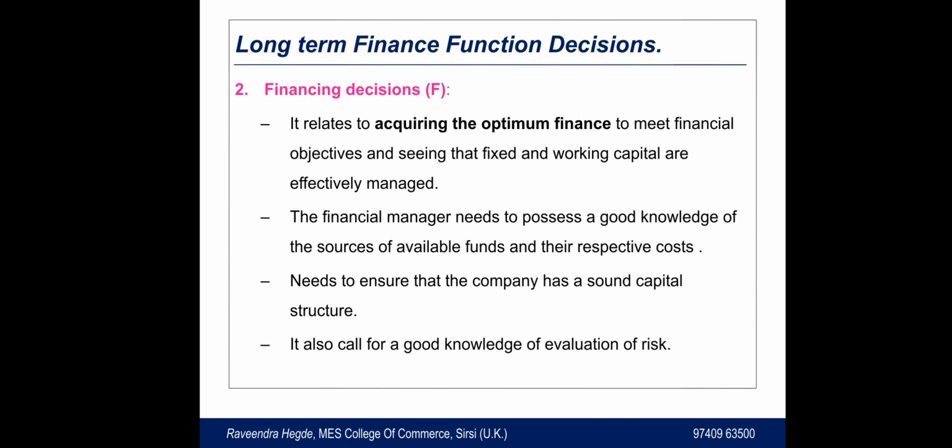The next one is the financing decisions. These decisions relate to acquiring the optimum finance to meet financial objectives and seeing that fixed and working capital are effectively managed. The financial manager needs to possess a good knowledge of the sources of available funds and their respective cost, and needs to ensure that the company has a sound capital structure, that is a proper balance between equity capital and debt.